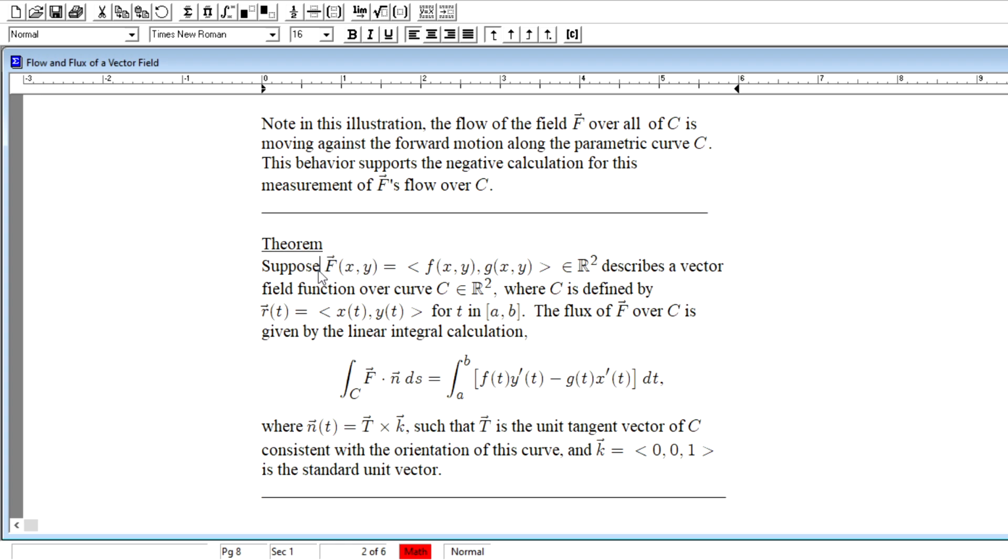So to begin with, we assume we have that vector field function described as this 2-dimensional vector field in terms of the locations x and y.